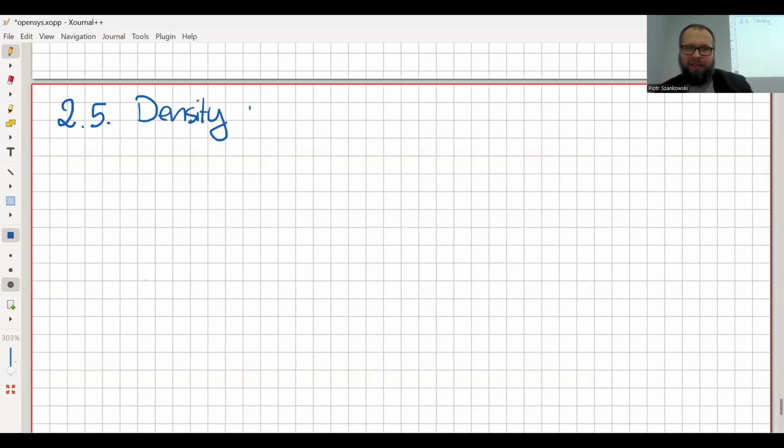Density matrices. All right, so previously we talked about quantum systems.